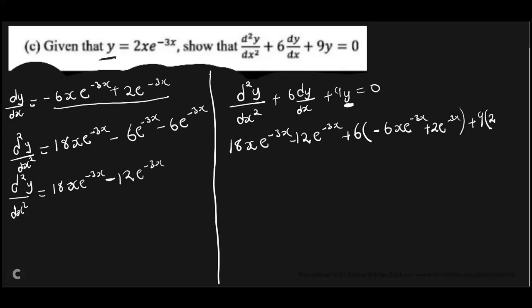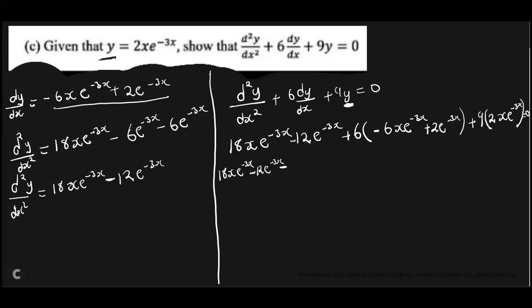What's the given equation? It is 2x e to the power negative 3x close, then equal to what? 0. Then you say 18x e to the power 3x minus 4e to the power 3x. Then 6 times 6, what's the answer?